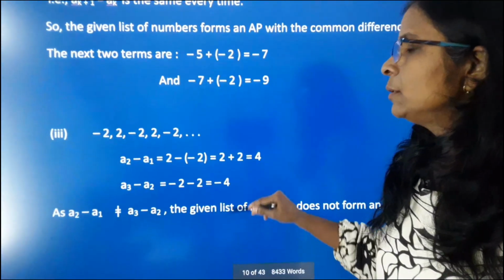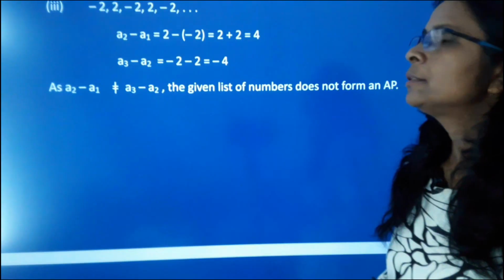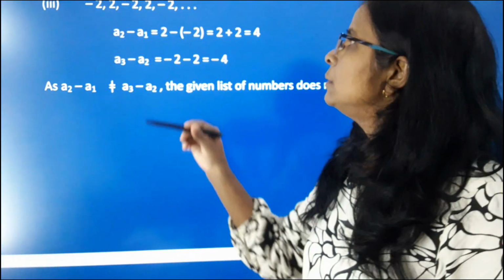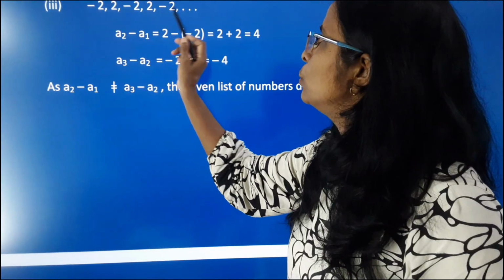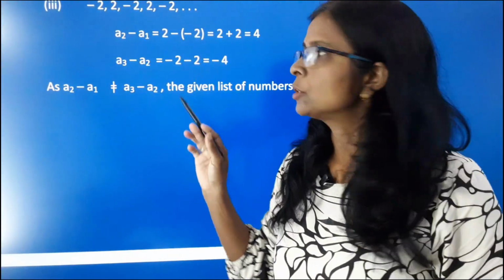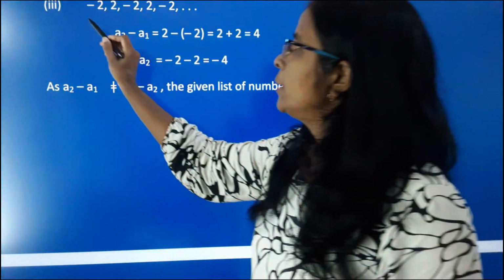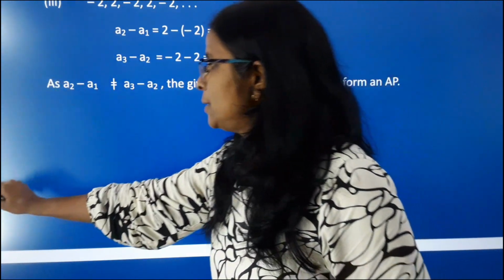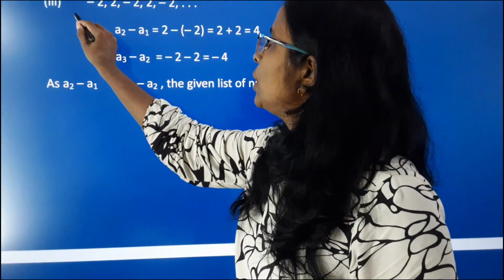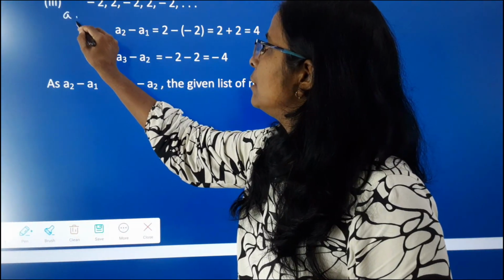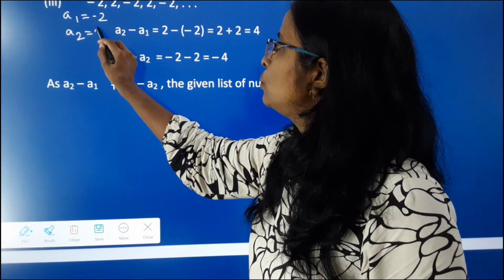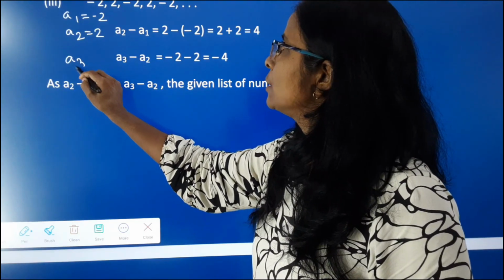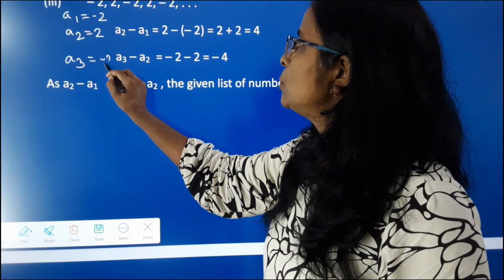Then the third example. The list of numbers is minus 2, 2, minus 2, 2, minus 2, and so on. Then write down the list of numbers term-wise. So a1 is equal to minus 2, a2 is equal to 2, a3 is equal to minus 2.